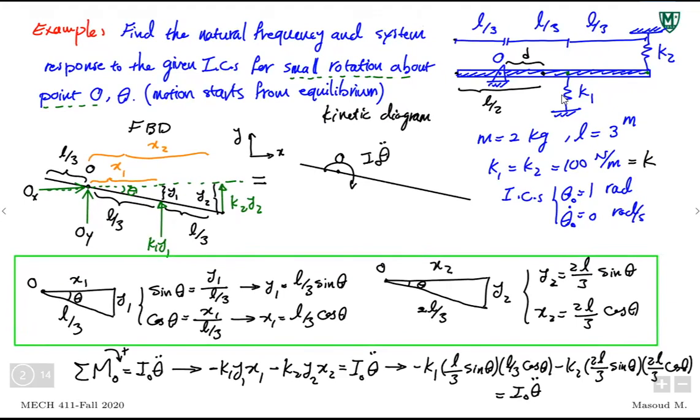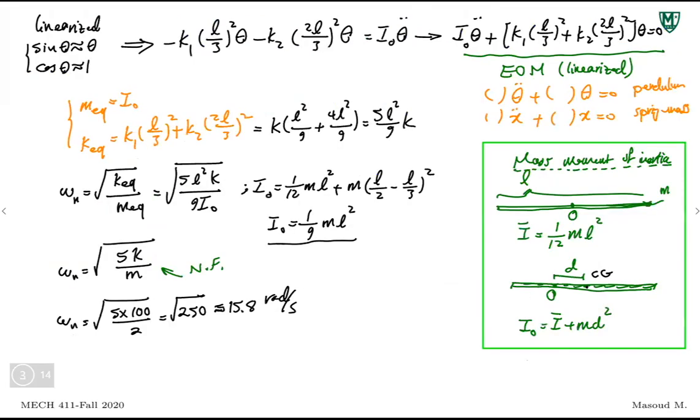Okay. Now, next, we have to find the system response, the system response to a given initial condition. So the rest is hopefully straightforward. The system response would be theta of t equals A sine of omega n t plus phi.